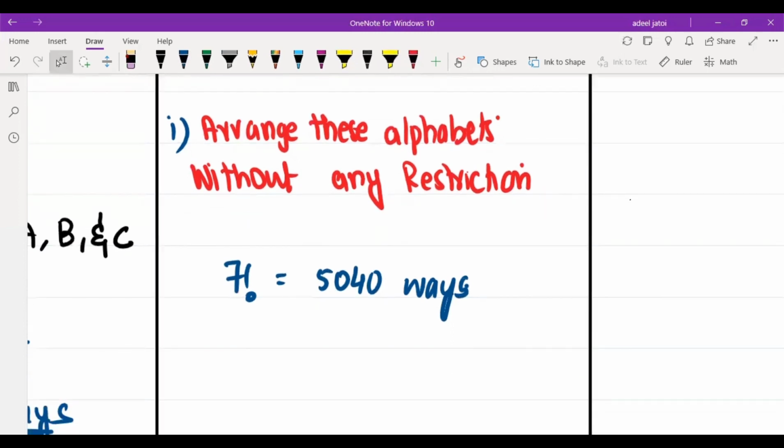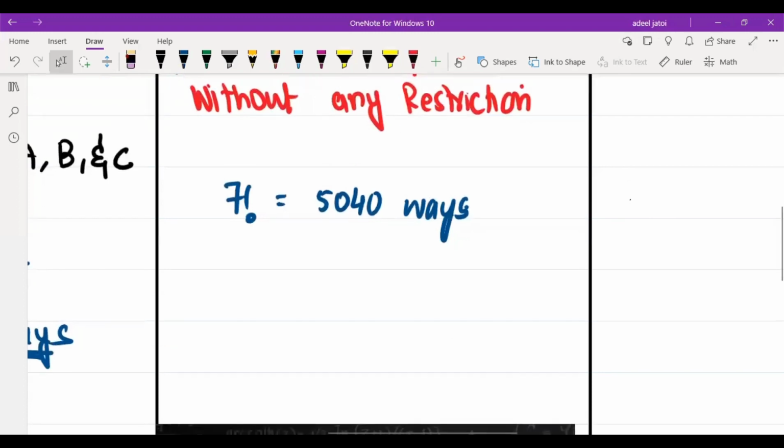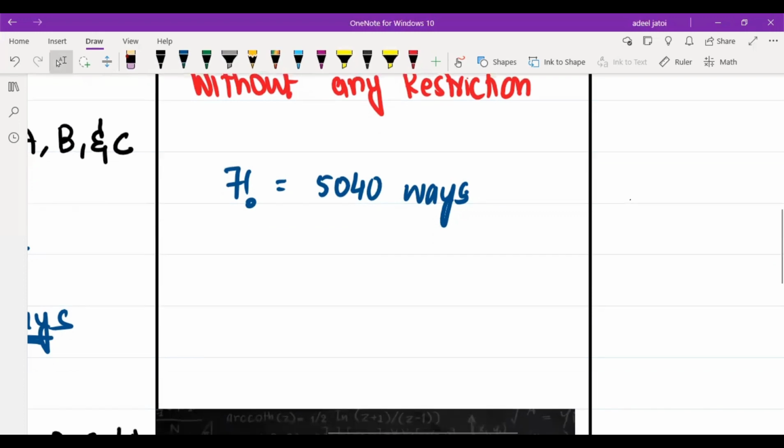Now, in this case only, when the question is fully arranged, that means all the letters are arranged, I can also use 7P7.